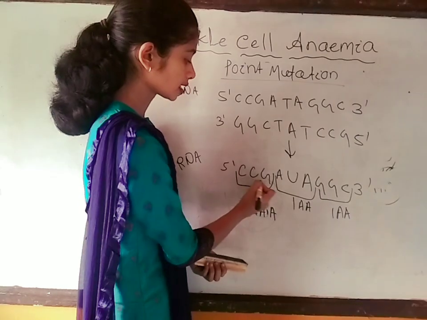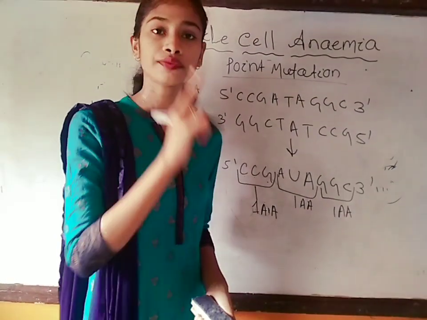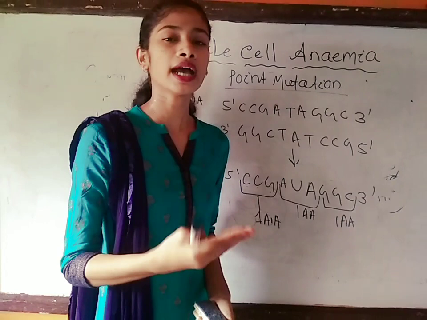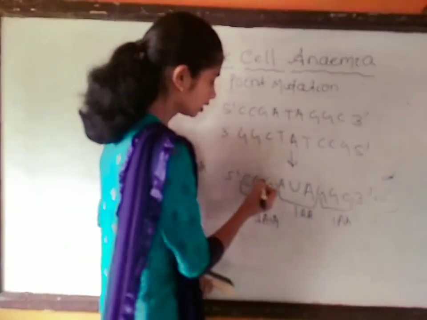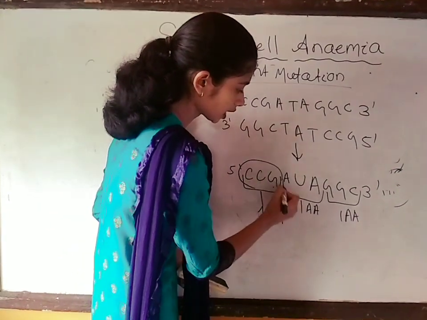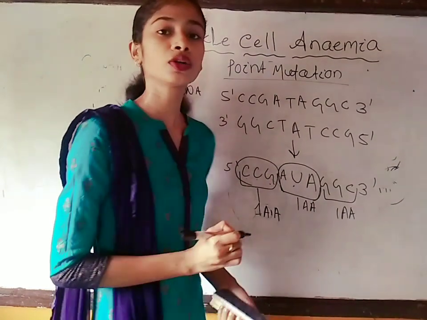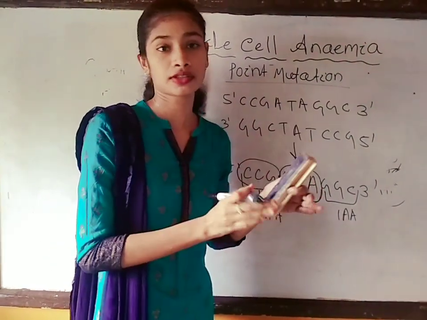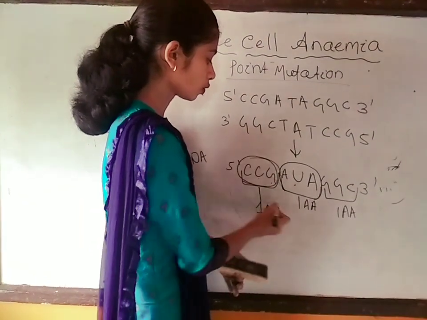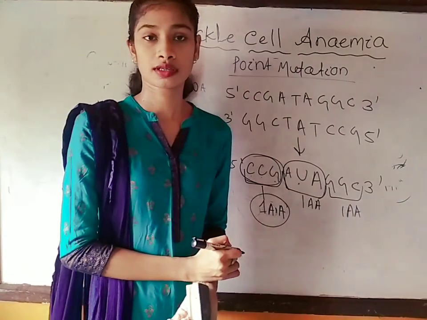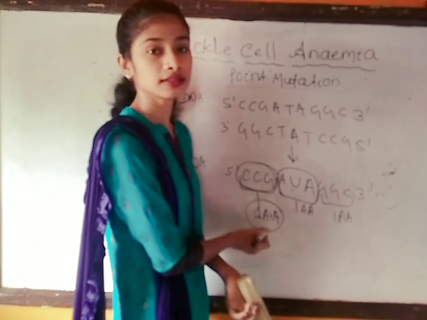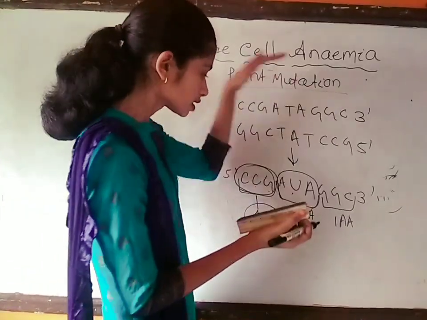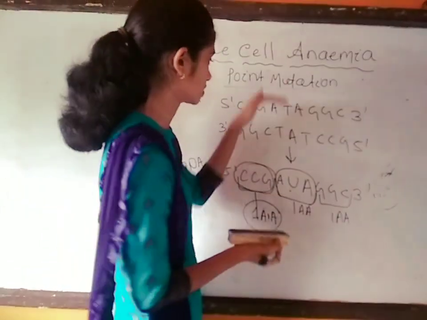Let this CCG code for aspartic acid. But AUA will not code for aspartic acid, because it's a universal rule. This amino acid is coded only by this codon, not by others. This is the mRNA sequence.